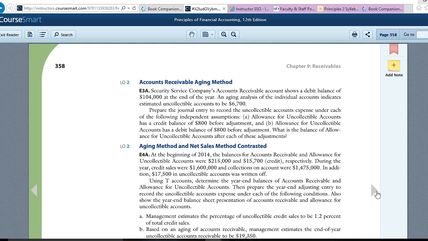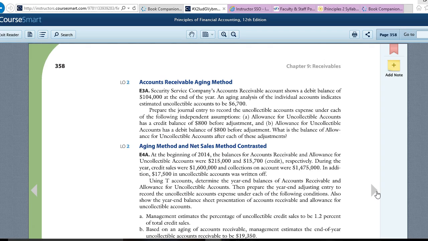An aging analysis of the individual accounts indicates estimated uncollectible accounts to be $6,700. Prepare the journal entry to record the uncollectible account expense under each of the following independent assumptions.